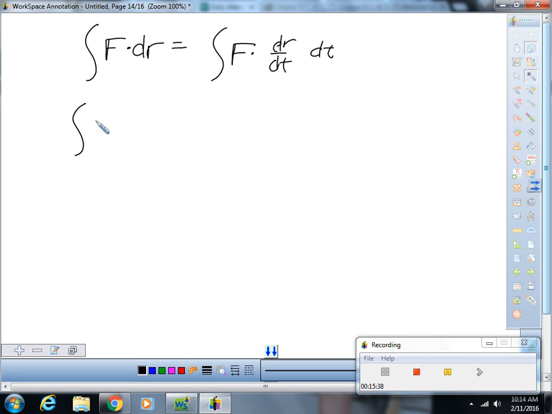So remember from the very beginning of the chapter, these M's and N's, the functions that defined our vectors, our force fields, which is our vector fields.